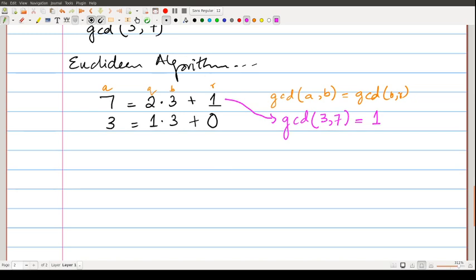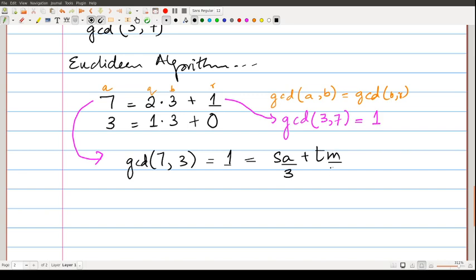All right, and so here's the thing. The GCD of 3 and 7 is 1. Let's take this equation and find the Bezout coefficients for 1. What I'm looking for is that the GCD of 7 and 3, which equals 1, can be written as a linear combination sA plus tM, where A is 3 and M is 7.